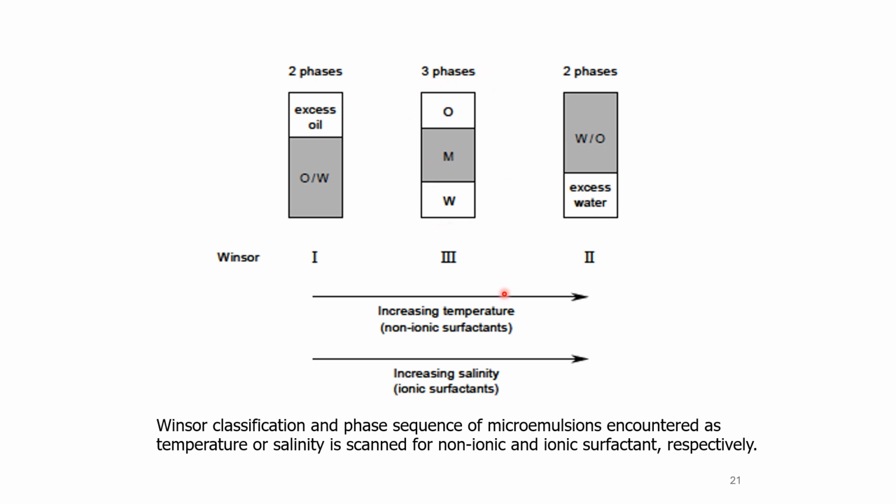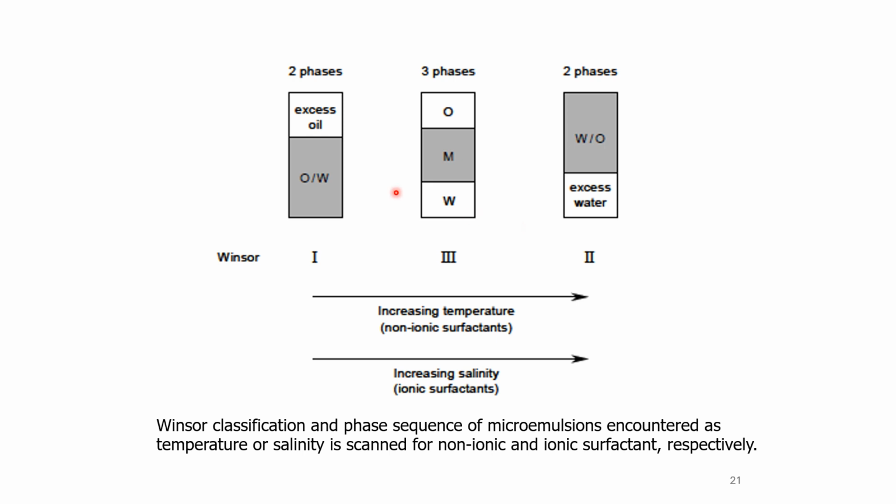Similarly, if we use a non-ionic surfactant, then it will also transit from oil-in-water microemulsions when we increase the temperature. Okay? The temperature will cause the dehydration of the head group of this non-ionic surfactant and cause the surfactant to become more soluble in oil.